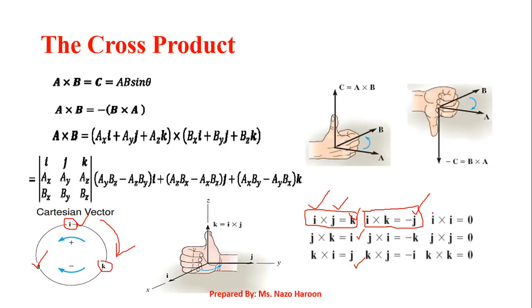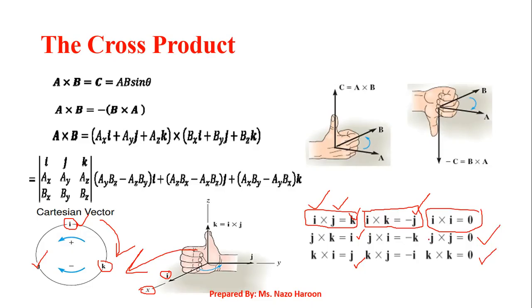So i cross i, which means if let's suppose this is the x-axis, as mentioned on the slide, the unit vector along the x-axis is i. So if you get another axis parallel to this x-axis, both of the axes will make 0 angle, right? So sine of 0 will give you 0. So i cross i will always give you 0. Likewise, the same strategy applies to j cross j and k cross k.